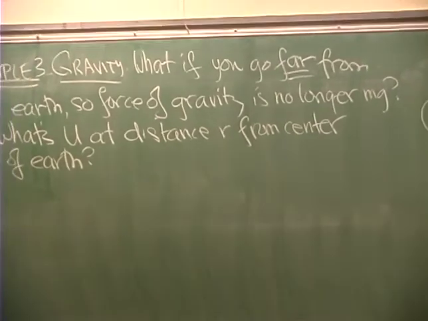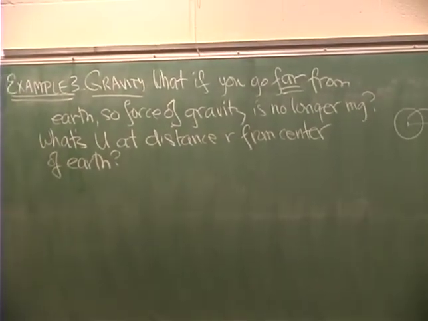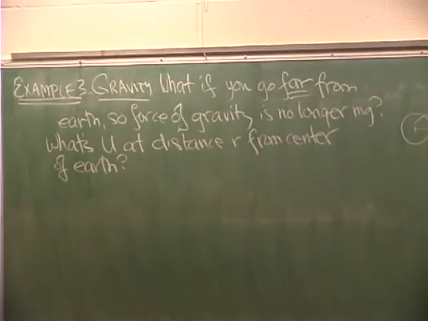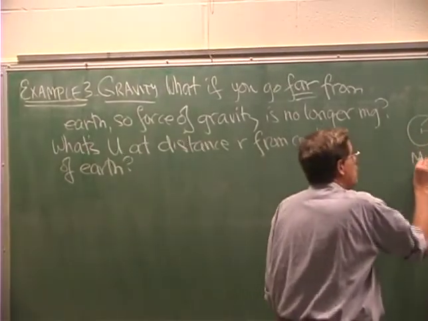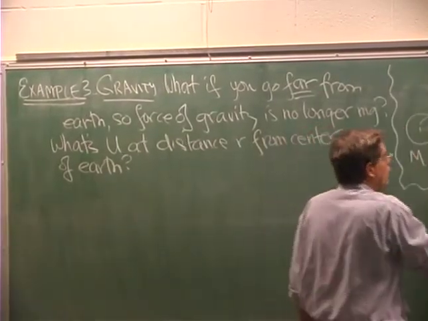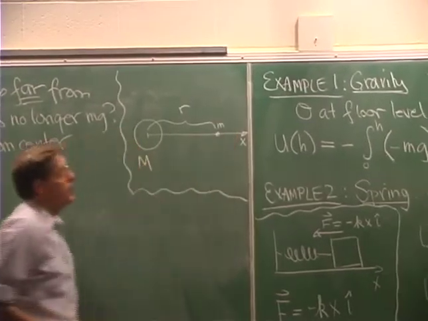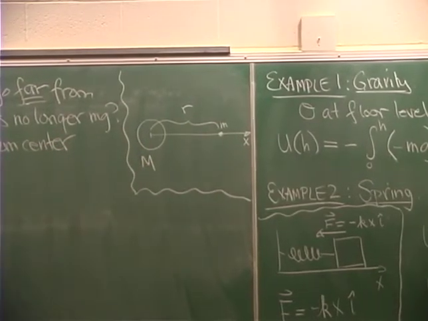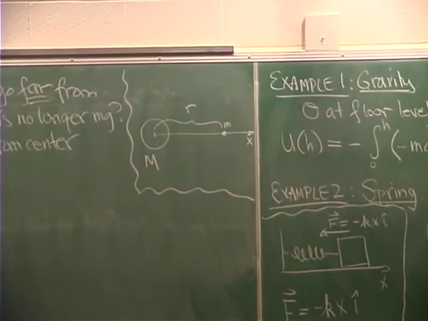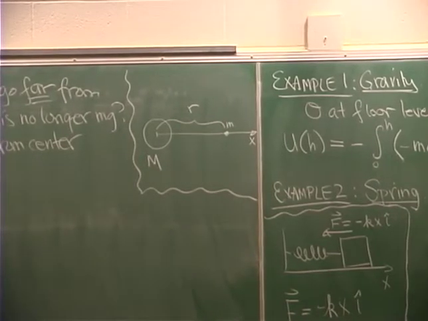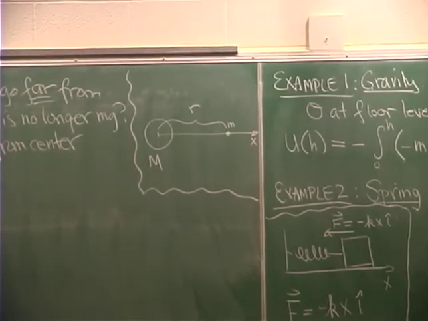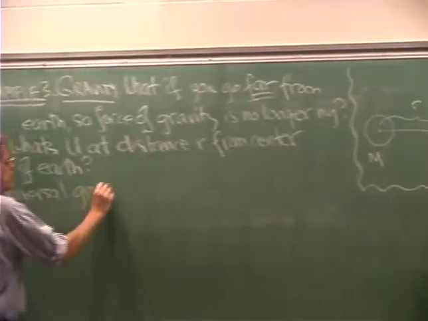In the general case, what if you're far from the Earth, so the force of gravity is no longer mg? What's U at a distance far from the center now? Well, I need to know what the force on an object is here. Let's say that the Earth has a mass capital M, and this is an object that has a mass little m. What was the force of gravity on that? Do you remember?